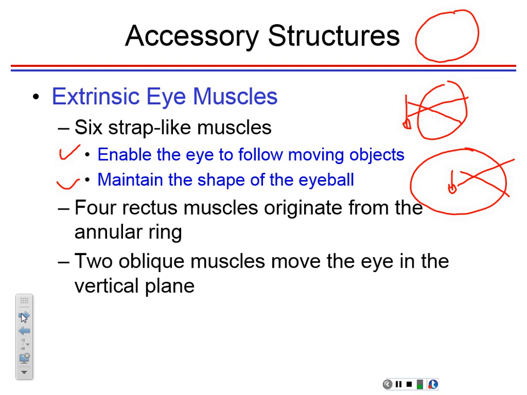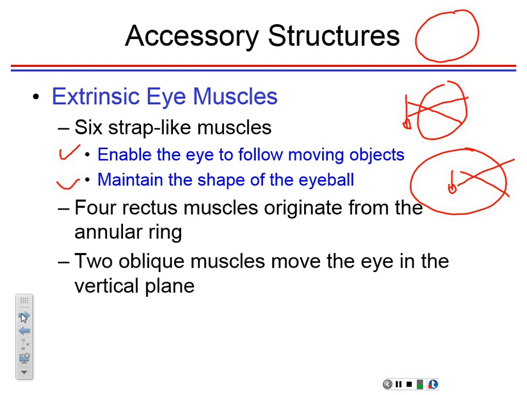They can do lens replacements. It's got to do with astigmatism and a whole bunch of other things, or even cataracts, the growing of connective tissue in the lens. So the lens cannot accommodate, and we'll talk about accommodation in a little bit. But these extrinsic eye muscles maintain the shape of the eyeball, and it's important.